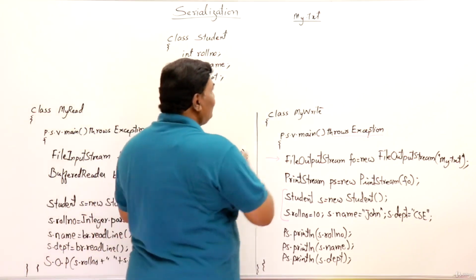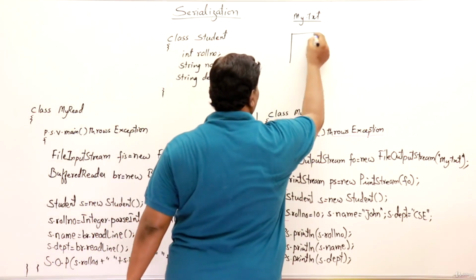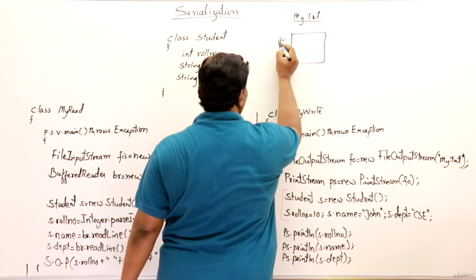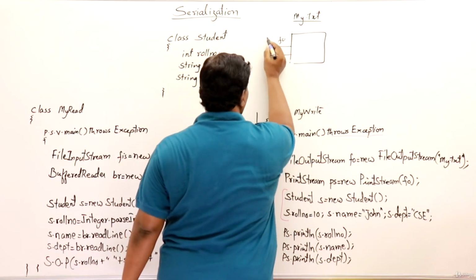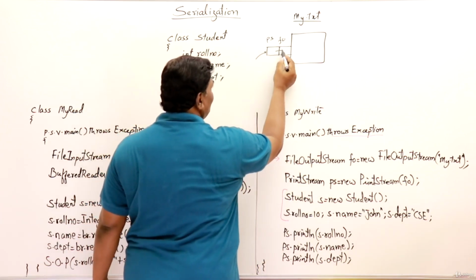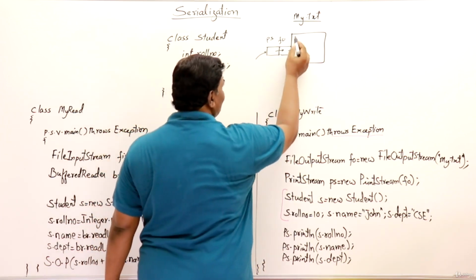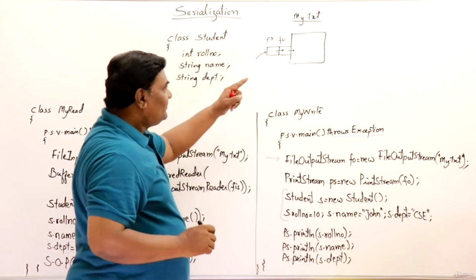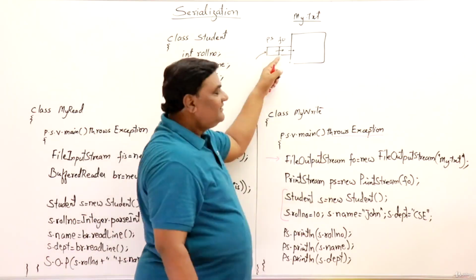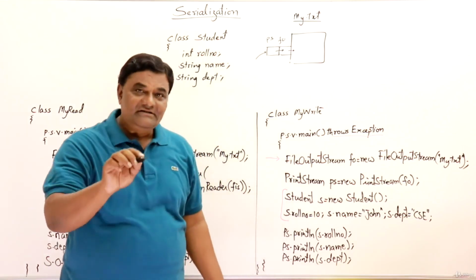If I draw a diagram, this is my text file. To that an object fo is attached, and to that an object ps is attached. Now using this ps I will write something that goes into the FileOutputStream and gets stored into the file. So I am using PrintStream for writing these three values.